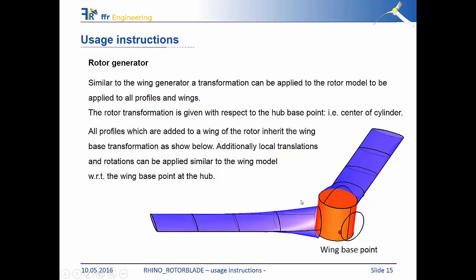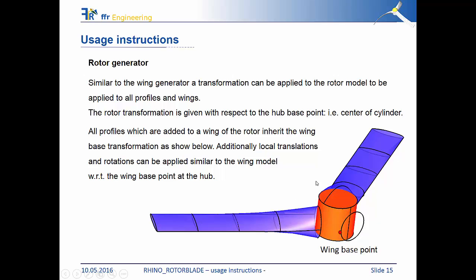So the transformation, as I said, is important. The rotor transformation is actually applied to the base point of this cylinder here, which you can't really see. You have to make it transparent. So the base point of the cylinder, the center point, is the root point for the rotor model. And then you have the wings added to the rotor, and each wing has its root point here, because this is simply taken from the wing assembly as we've seen before.